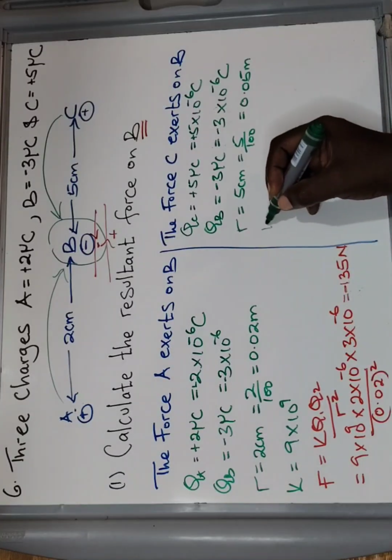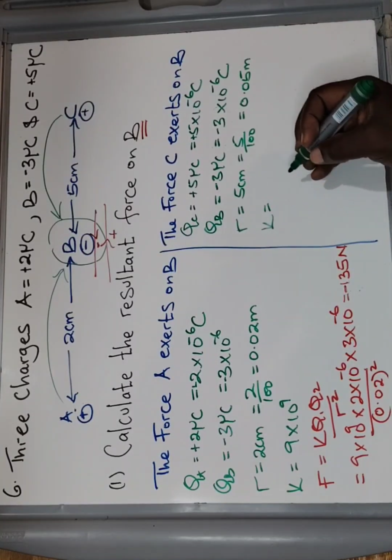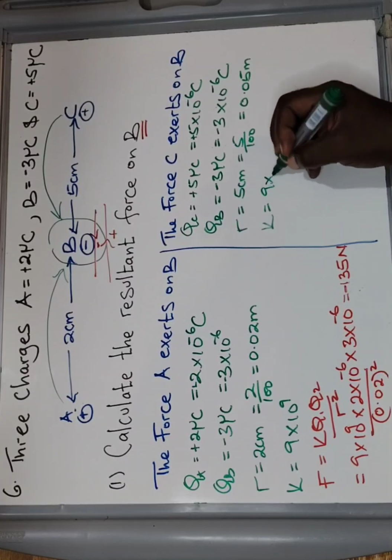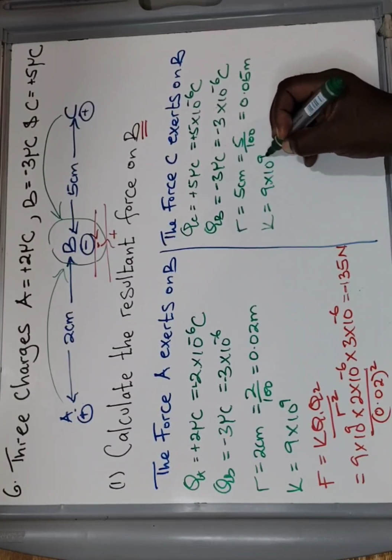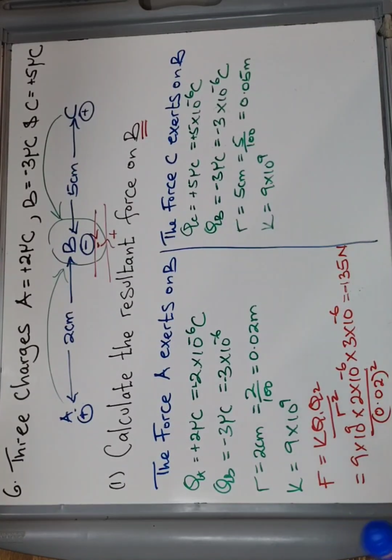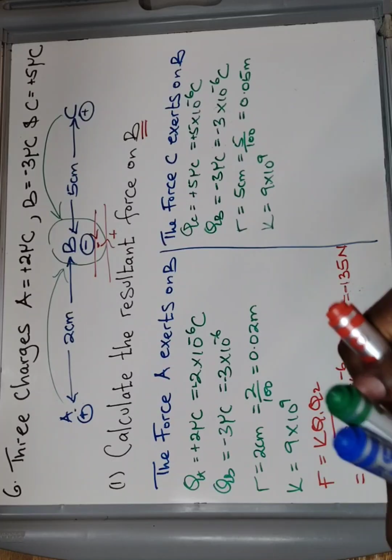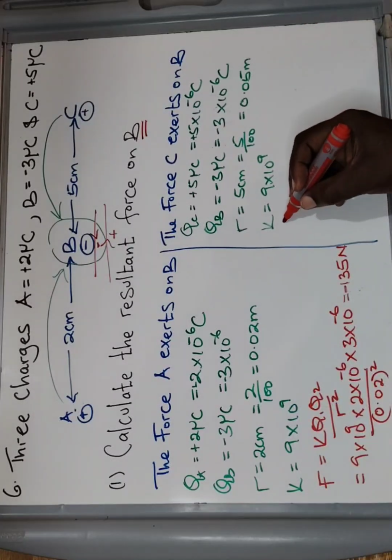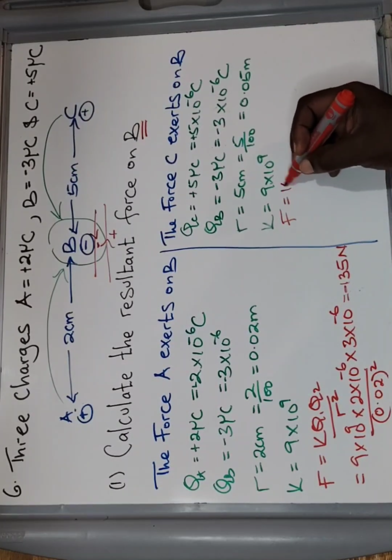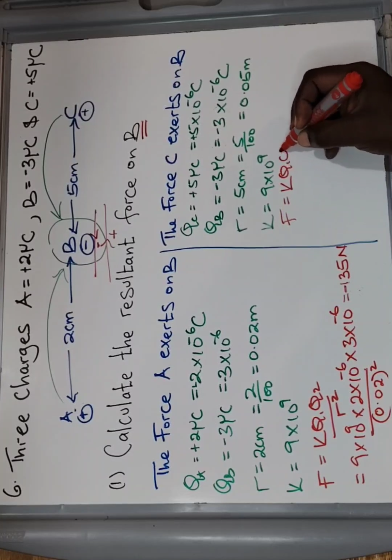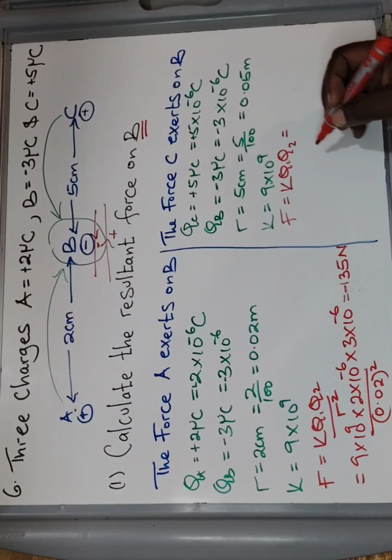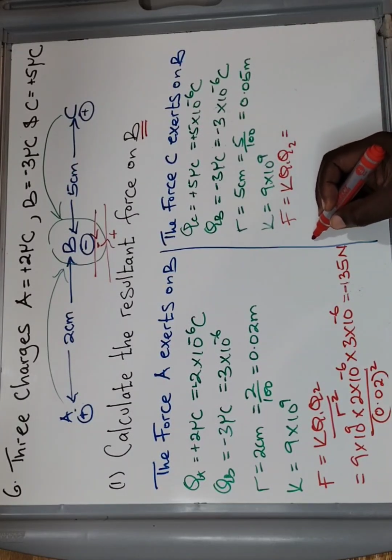Okay, then you come to K, and our case is known. After that, we substitute in the equation. The equation is the same. So if you come to substitute, what do we get?